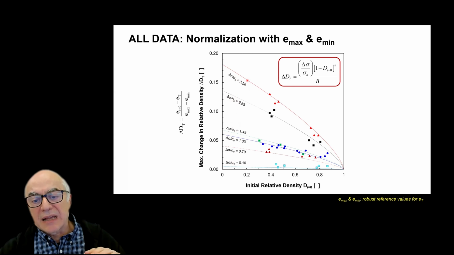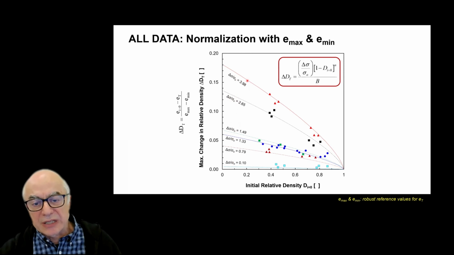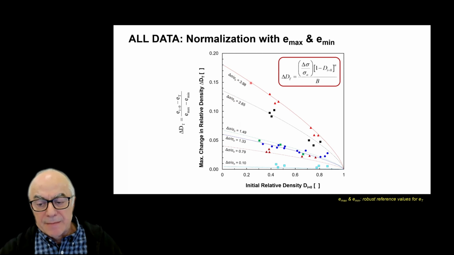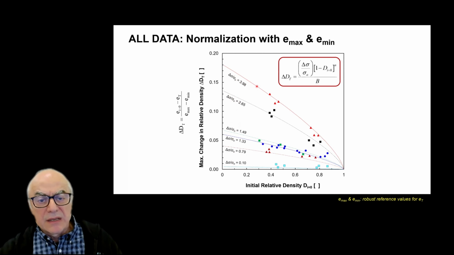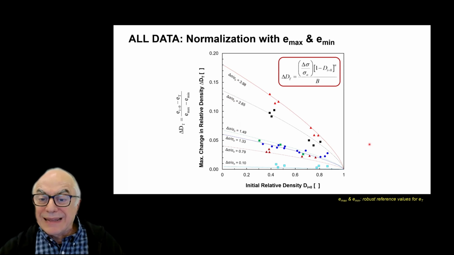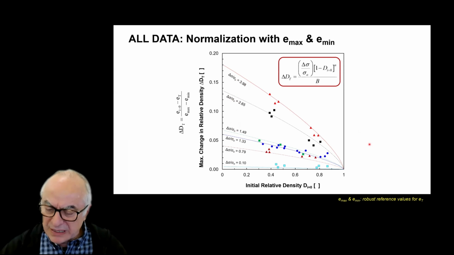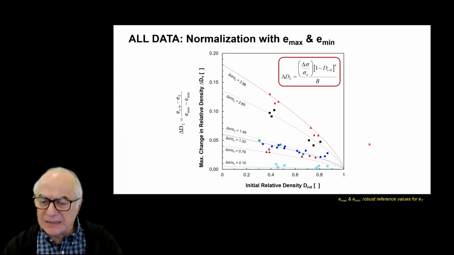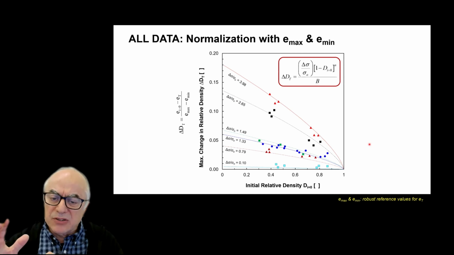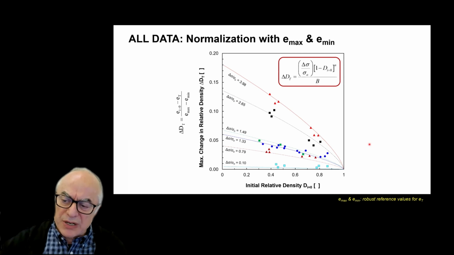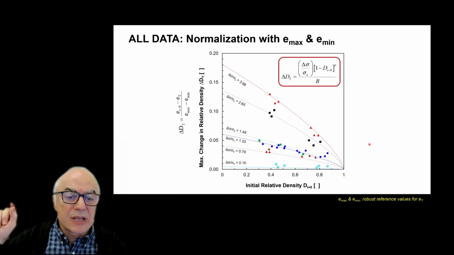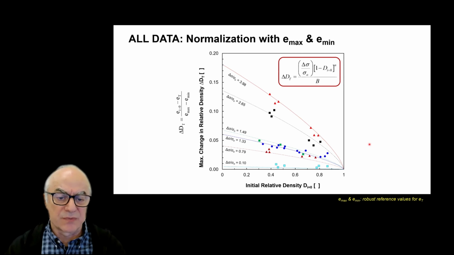In other words, the higher the volumetric changes to reach terminal density. But there is another corollary of this plot: each initial condition, each sand at each initial relative density and subjected to its own stress changes, will reach a different terminal void ratio.